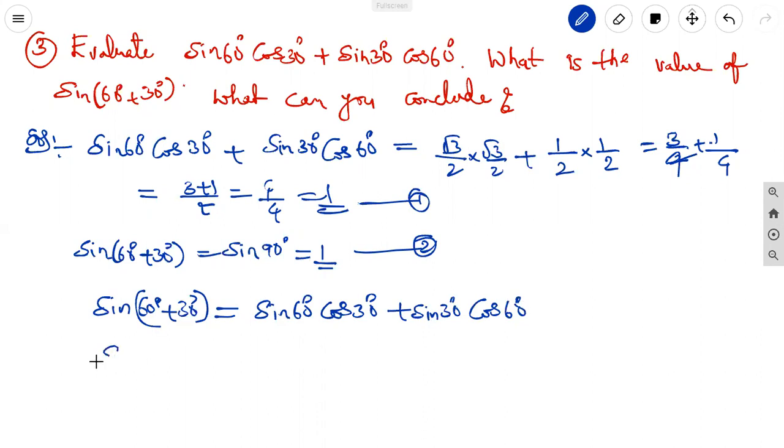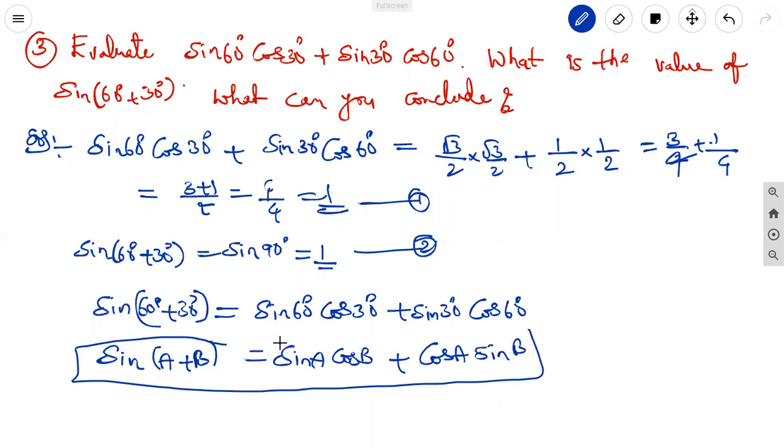That is nothing but the form of sine of A plus B equal to sine A cos B plus cos A sine B. It is the basic formula for the sum of two angles of the trigonometric function sine. Okay, it's enough for today.